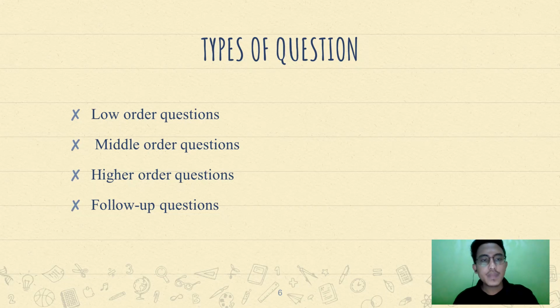And the second is middle order questions. Middle order questions, at the middle level, involve interpretation of facts or concepts being taught or already learned. Interpretation involves comparison or examination of a relationship between ideas, concepts, generalizations, and meanings.